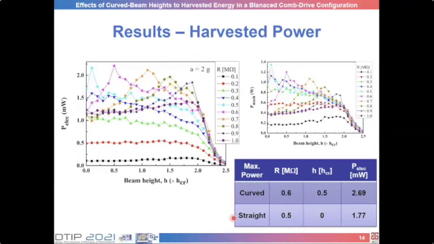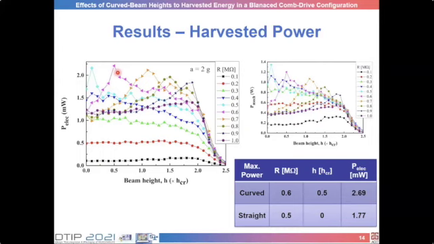Ultimately, for the straight beam, the maximum power achieved was 1.77 milliwatts when the load resistance is 0.5 megaohm. With the curved beam, the maximum power achieved was 2.69 milliwatts when the load resistance is 0.6 megaohm and the beam height is 0.5 HCR.